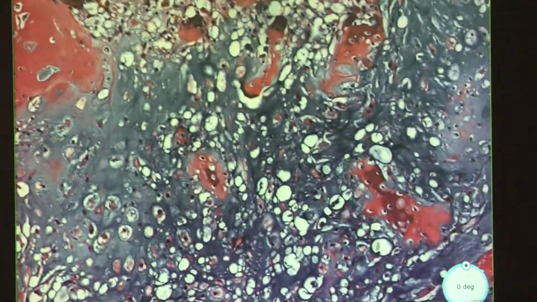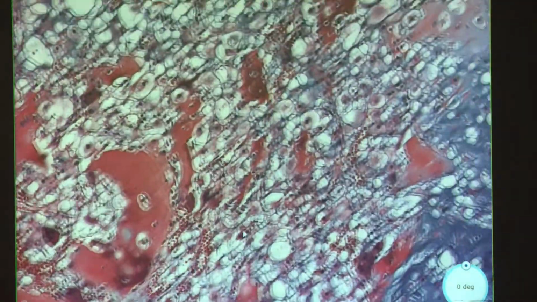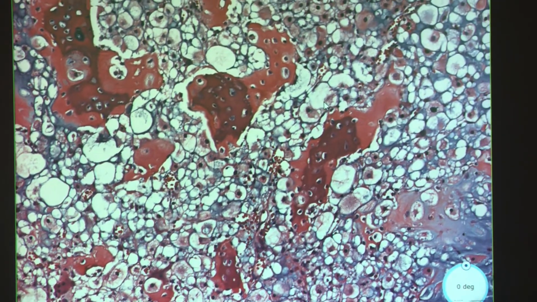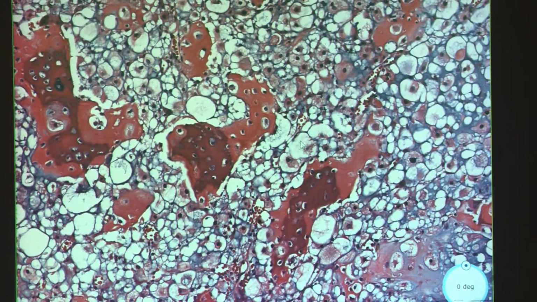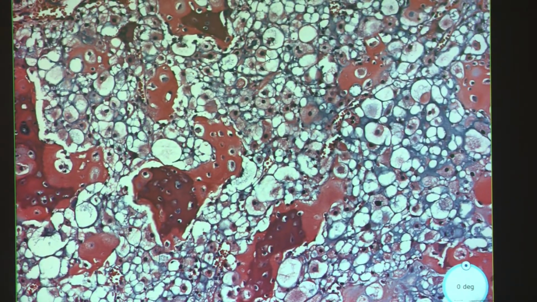Alright, so this looks like maybe it's trying to be cartilaginous, kind of hard to tell. But these are definitely our tumor cells. And what we have are very large cells. It's almost like they're trying to mimic adipocytes, but those central nuclei are wrong, right?